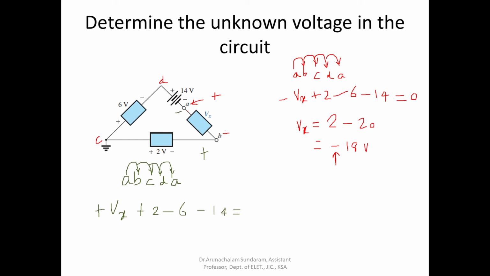Now Vx minus 18 is equal to 0. So Vx is equal to 18 volts. This is our answer.